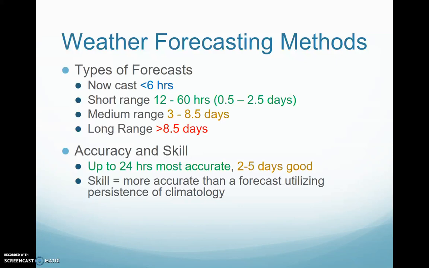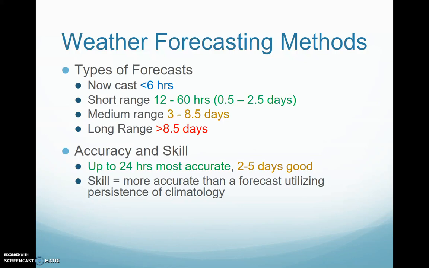So, bottom line for accuracy, the shorter the time period, the more accurate you are. The longer the time period, the more can go wrong, and the more you're going to need to change your forecast as that time actually approaches. Now, the skill of a forecaster is measured by whether you are more accurate than using persistence or climatology.